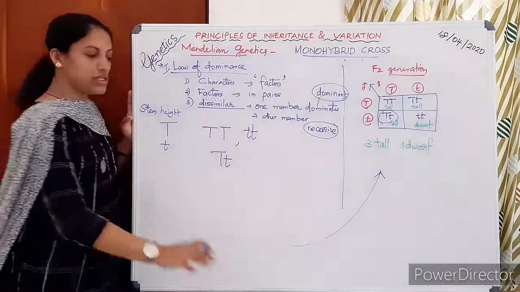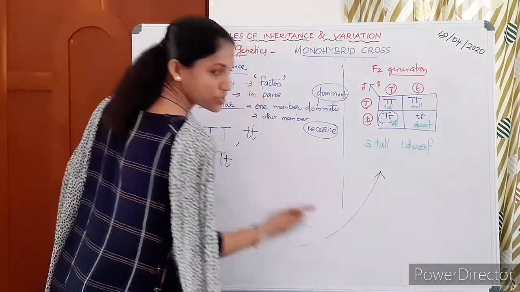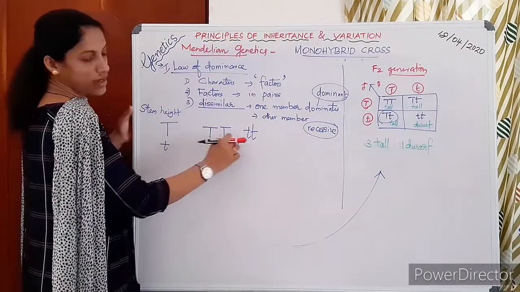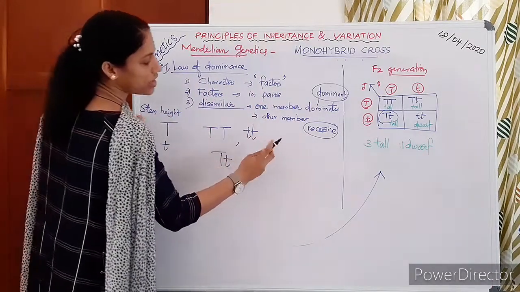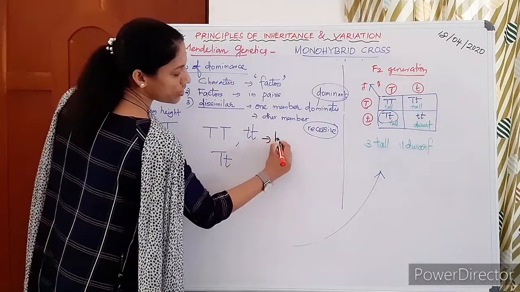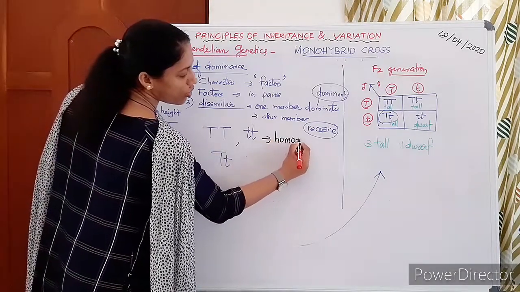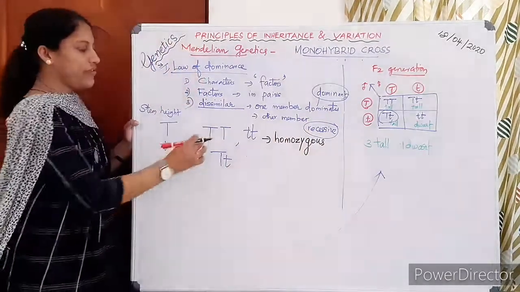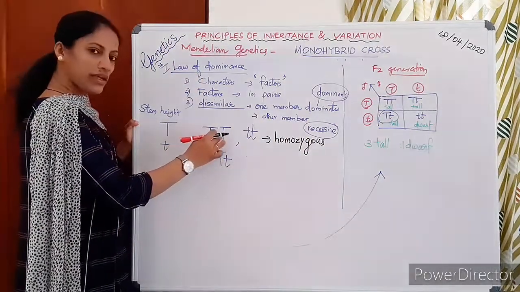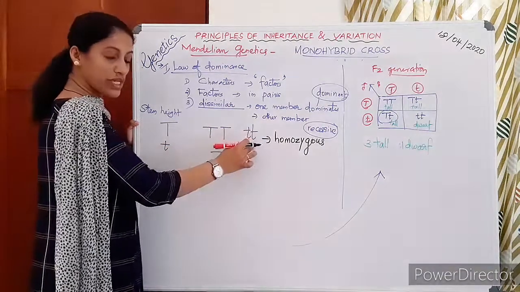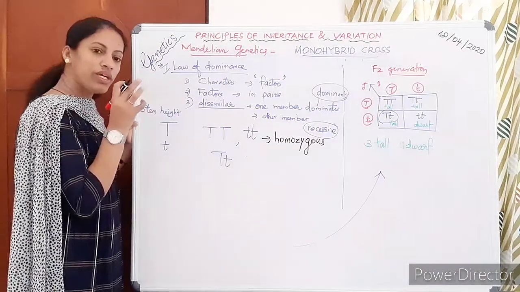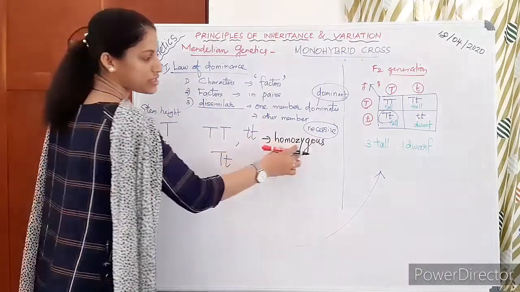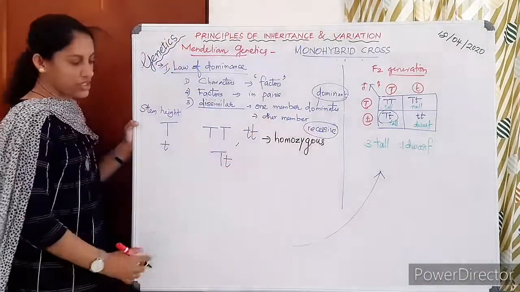These three combinations only are possible. If the alleles are the same, if the factor members are the same, such a combination is called homozygous. If the allele combination is capital T and capital T, or small t and small t, if the alleles of a gene or factor pair are the same, then that is called the homozygous condition.